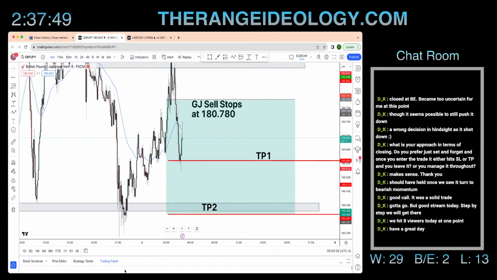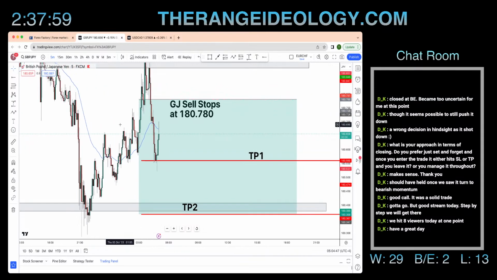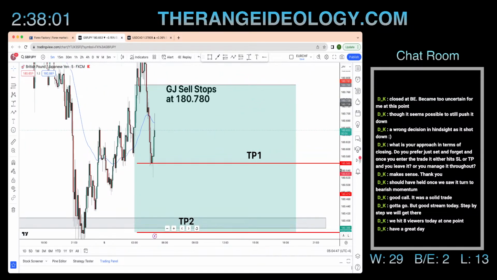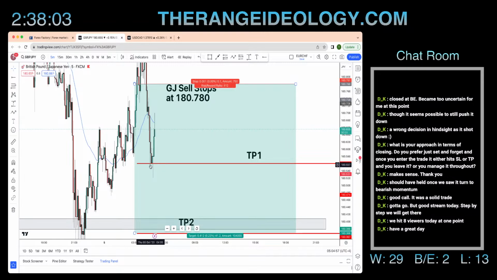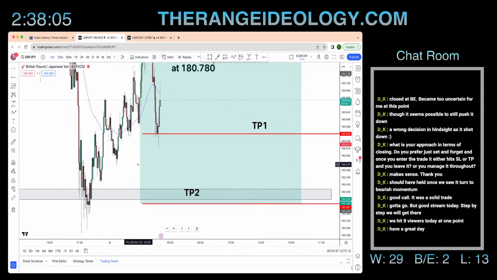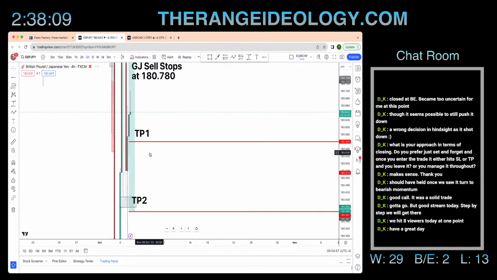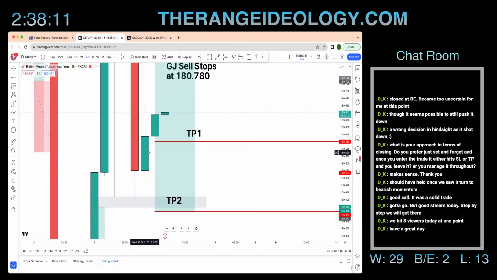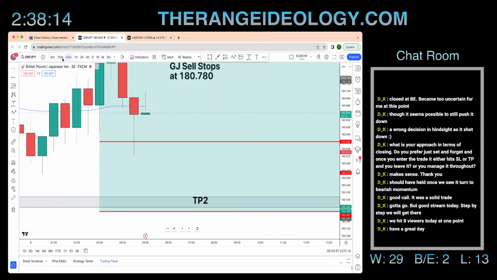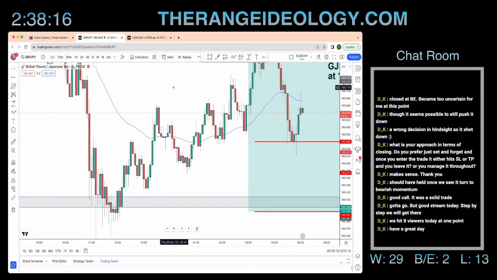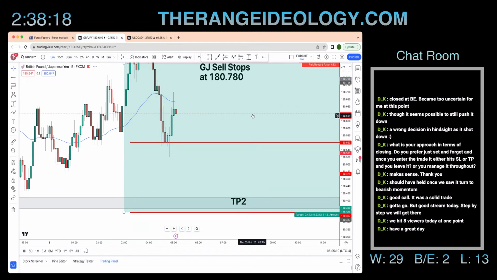And for GJ right now, still looking to see if it continues down, but I'm still holding GJ as well, right? So TP1 was hit, as we see here, and just looking for a TP2 now, and a potential continuation to the downside for GJ. And then I'll also be looking for the reversal as well, right?